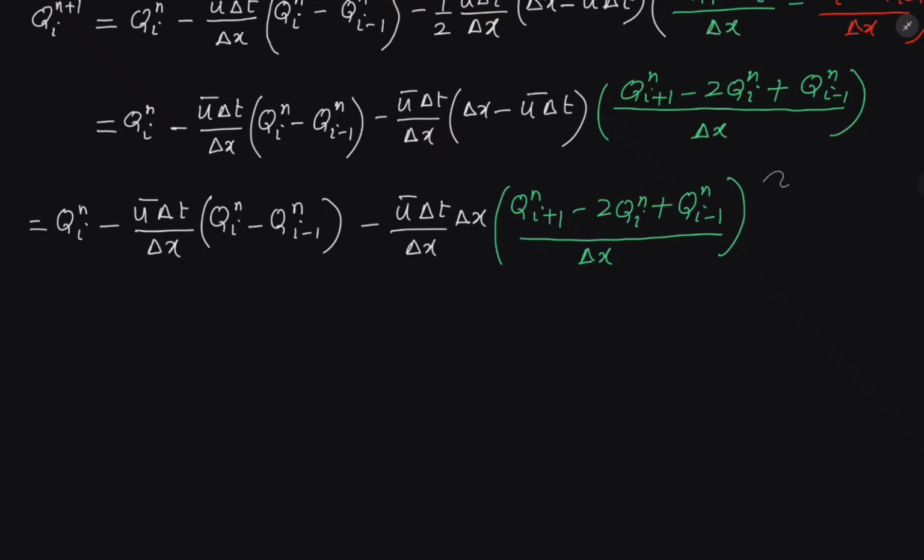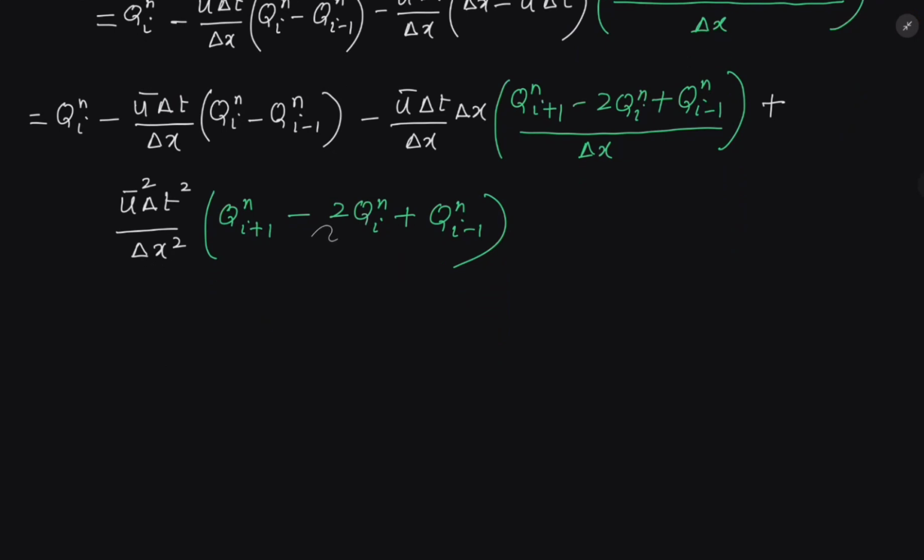So we have plus u bar delta t square divided by delta x square, and then we have u square, and delta x square becomes due to this term over here. So we have q n i plus 1 minus 2 q n i plus q n i minus 1.